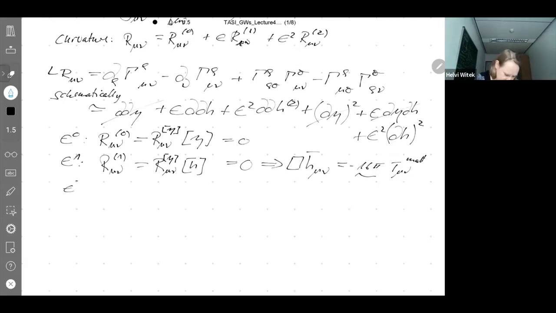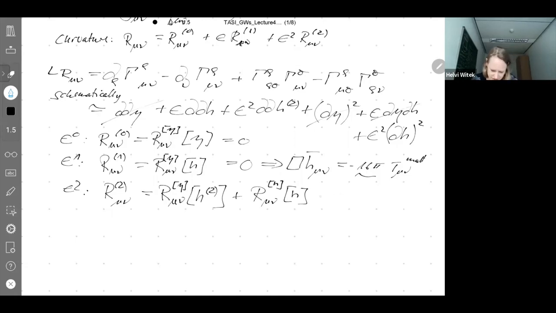Okay, and then at second order, what we would have here, R mu nu 2, would be given by the Ricci constructed with our background metric acting on our second order perturbation, plus the Ricci tensor constructed with our first order perturbation acting on our first order perturbation, and then the last term that we would get here is acting on the background metric, and that again would be 0.